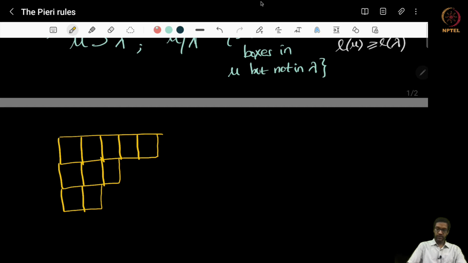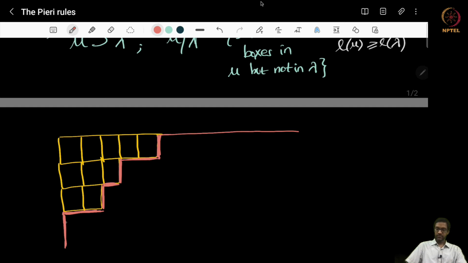Now, given this partition, let me extend this top line and this vertical line here, and look at the boundary of the partition, by which I mean the path with vertical and horizontal segments which connects these two bits.